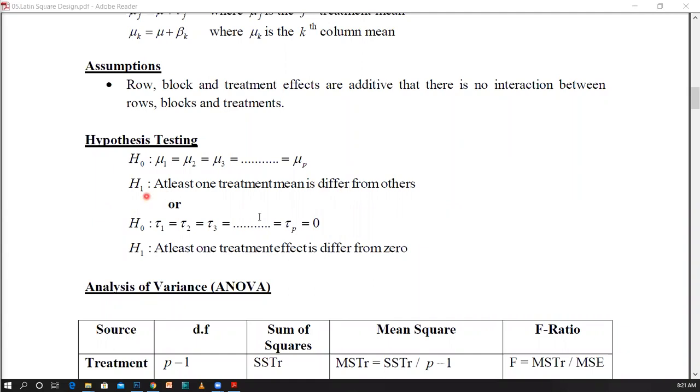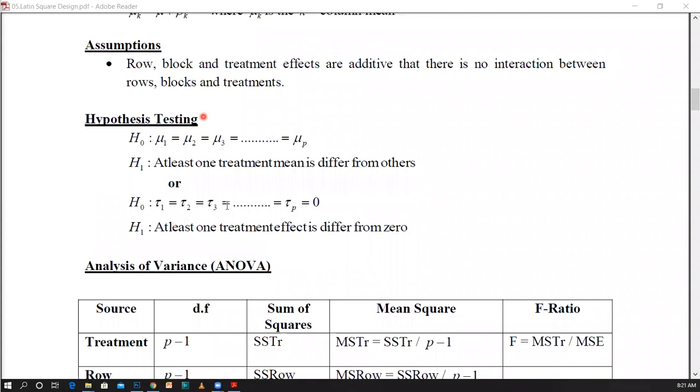Or else you can write it in terms of the treatment effects: tau j equals 0, versus at least one treatment effect differs from 0. Using one of these methods, you can construct the hypothesis, and here also you use the analysis of variance or ANOVA technique to test this hypothesis.